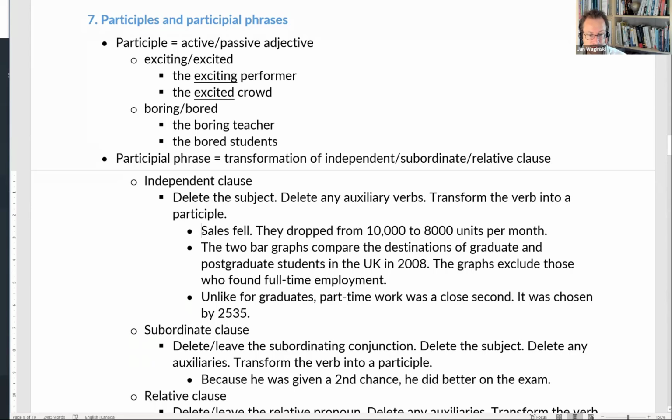There's a couple of simple sentences. Sales fell. They dropped from 10,000 to 8,000 units per month. So you've got two independent clauses here. This is our first kind of transformation that we're going to look at. We're going to change this one into a participial phrase.